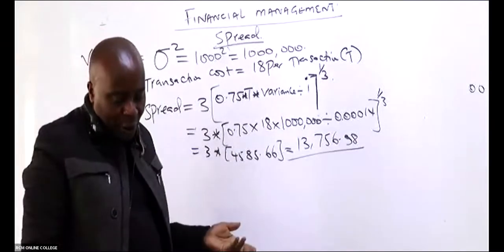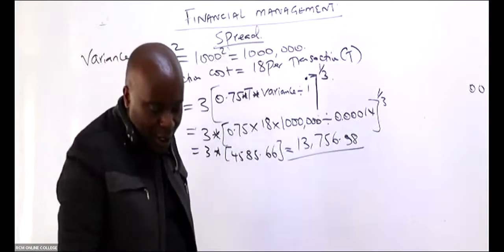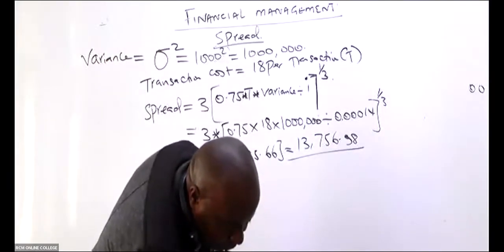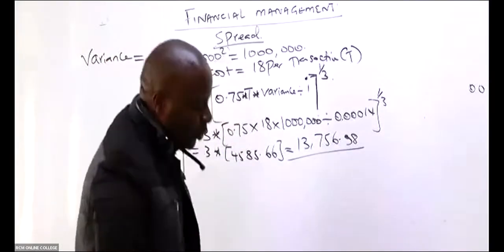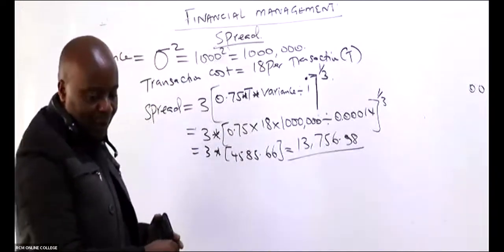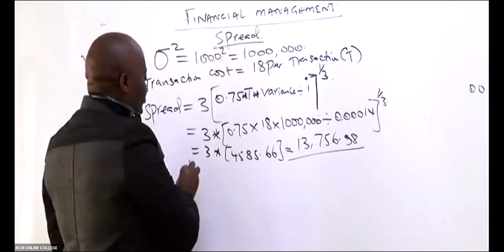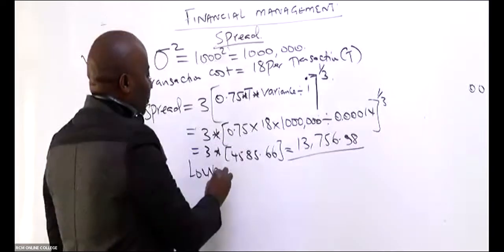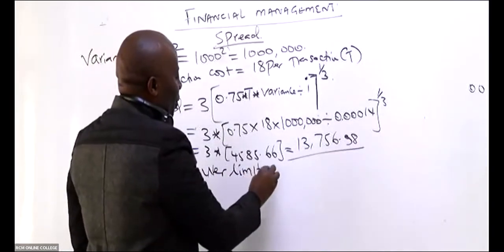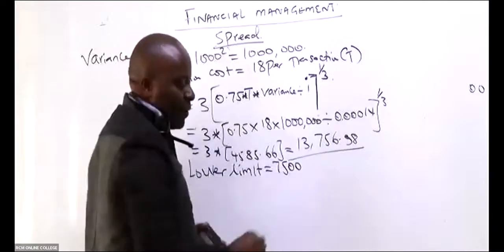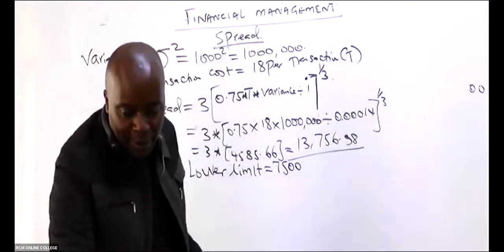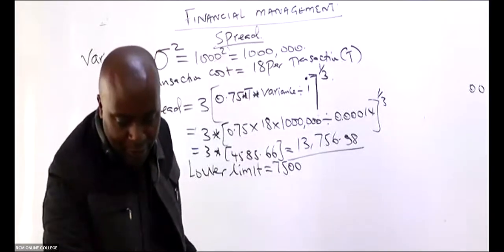So now that we have gotten the spread, we can easily get all the other things, knowing that we have a lower limit. This examiner has given us a lower limit. Is there somebody who is able to see the lower limit of 7,500? Yes, the lower limit is 7,500.